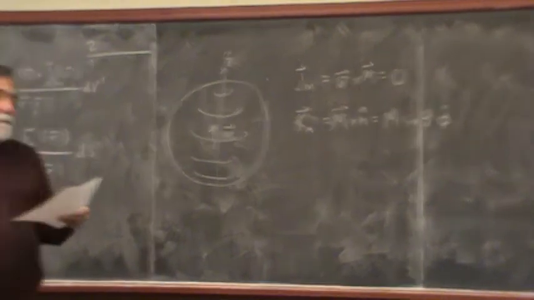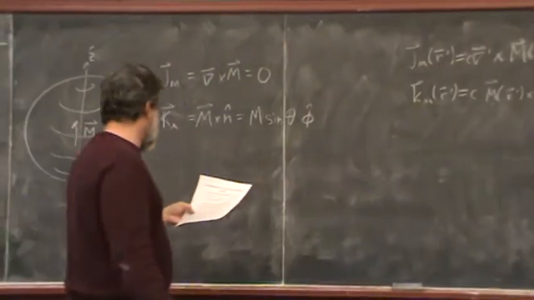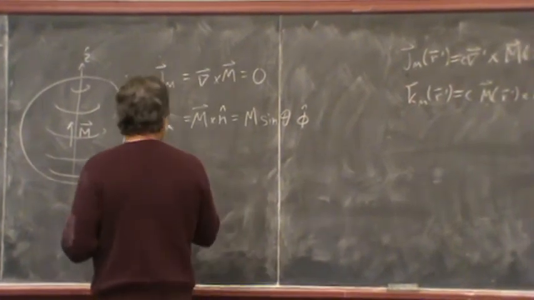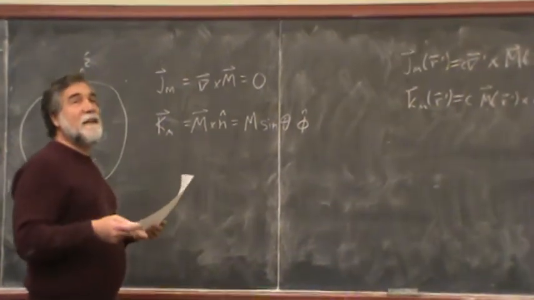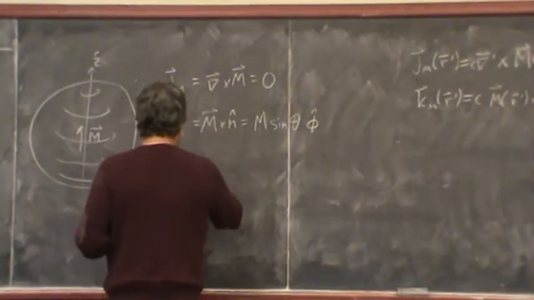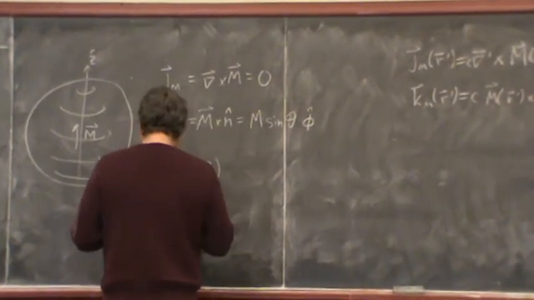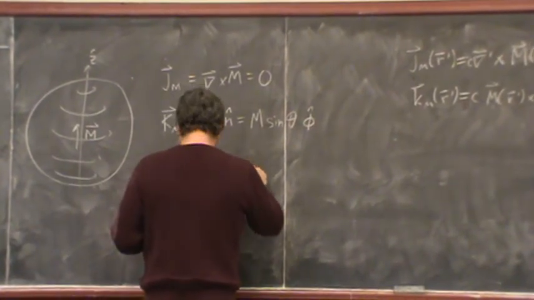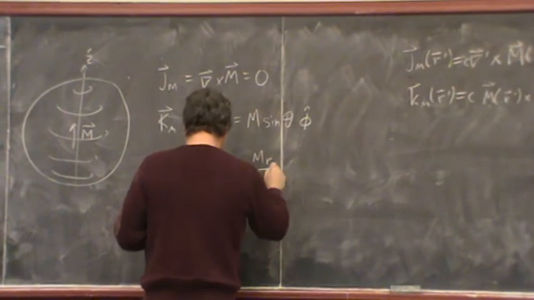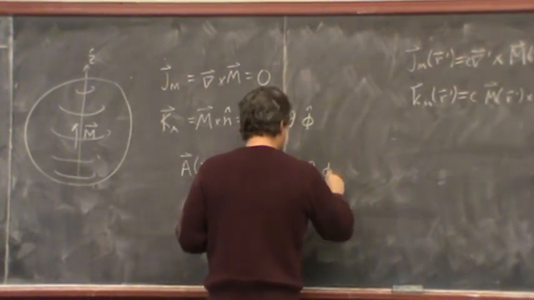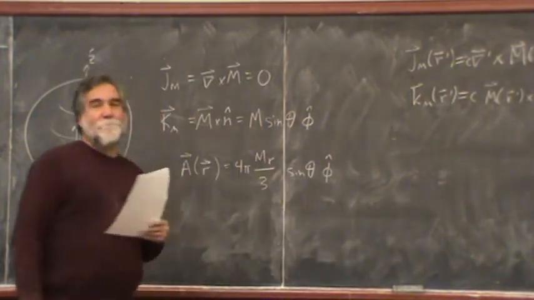I have more steps here, but I'm going to skip them. Right? And the answer is, aside from factors of c and 4 pi, and maybe 3, that the magnetic potential inside looks like 4 pi M r over 3 sine theta phi-hat, something like that.